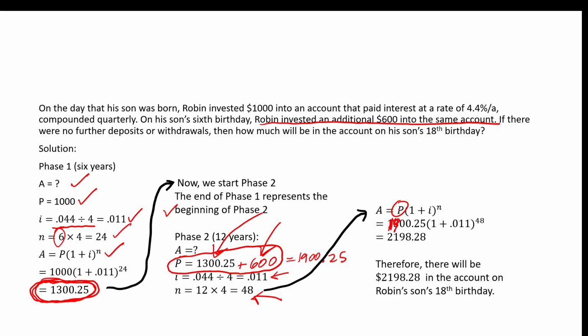We're going to take that much money and multiply it by 1.011 to the exponent 48. So I'm doing that right now, and the amount is roughly $3,212.67. So there will be roughly $3,212.67 in the son's bank account on his 18th birthday.